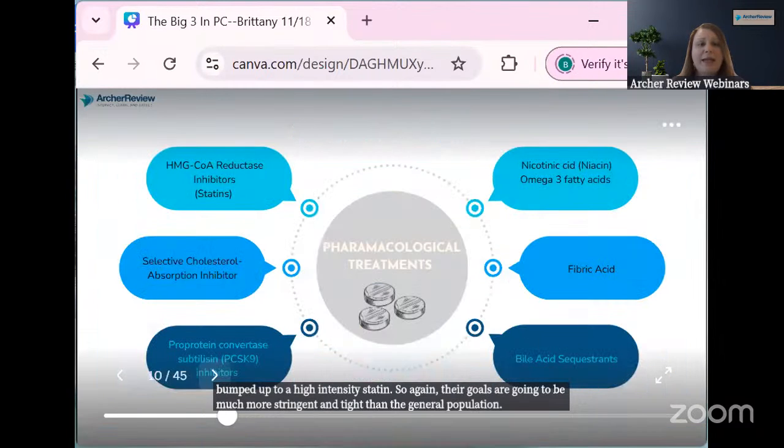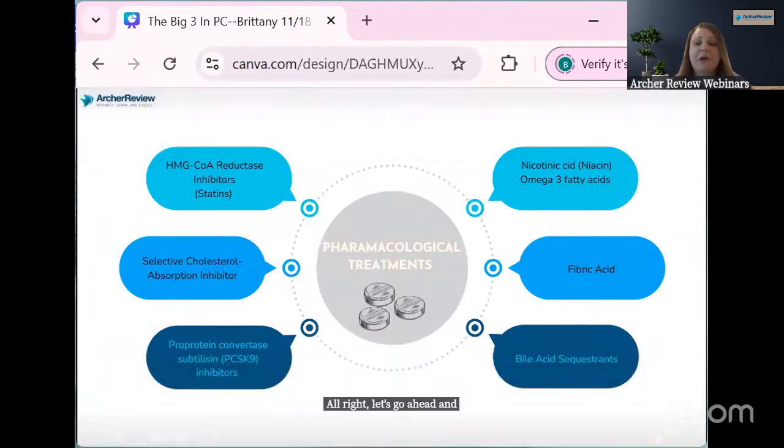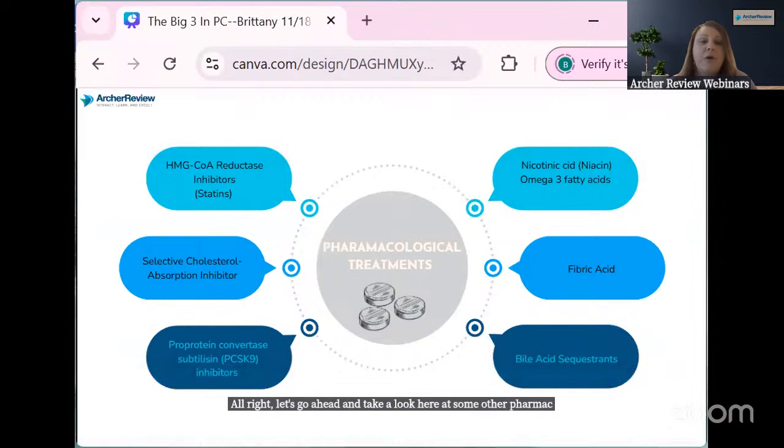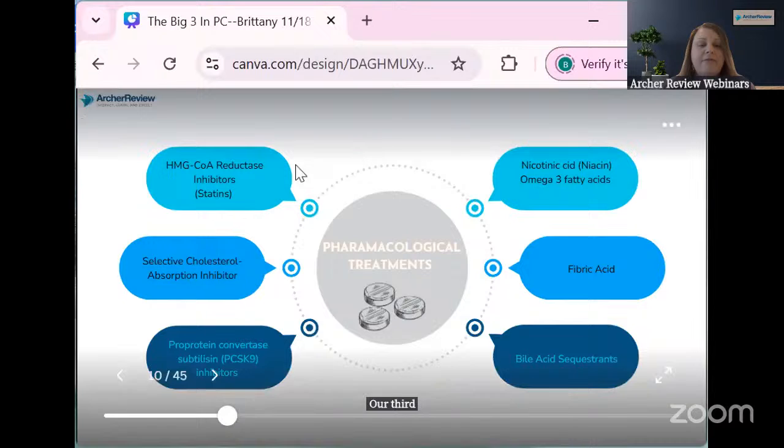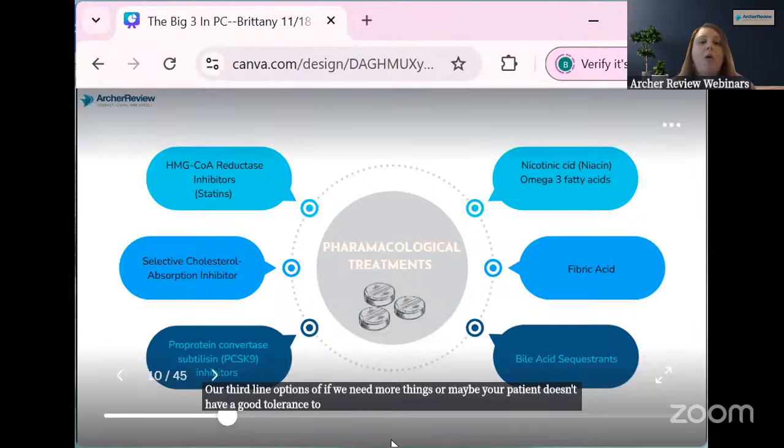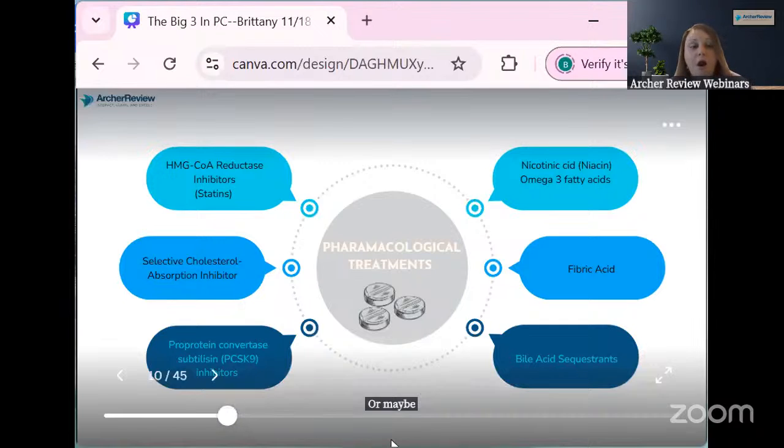All right, let's go ahead and take a look here at some other pharmacological treatments. So statin is going to be our first line. Well, really lifestyle factors are going to be our first line, but our second line will be a statin. Our third line options are if we need more things, or maybe your patient doesn't have a good tolerance to statin therapy, or maybe their goal was way off.